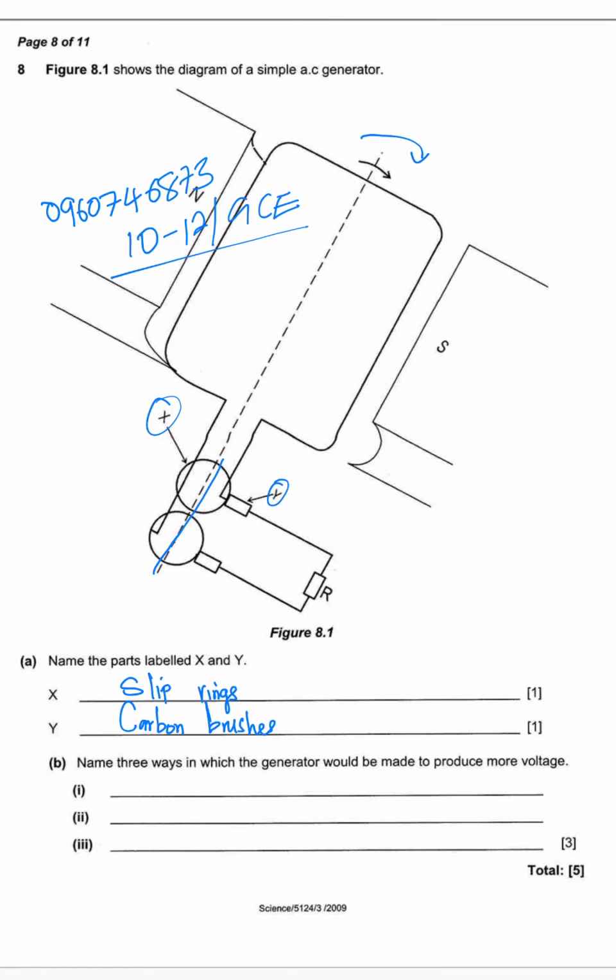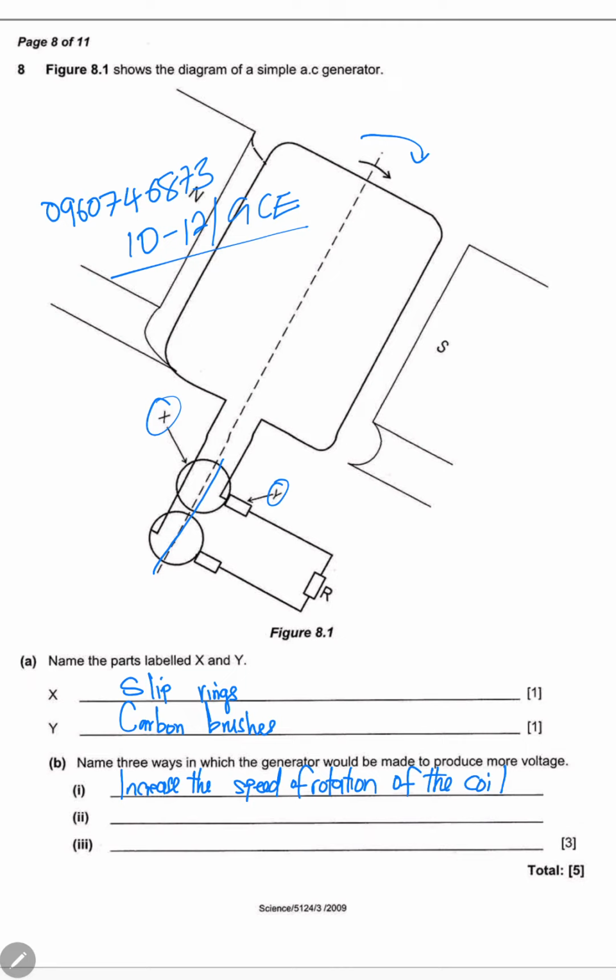As there is more cutting of the magnetic flux, there is more production of EMF. So the first one we should think of is always the easiest one. I always tell my students to increase the speed of rotation of the coil.